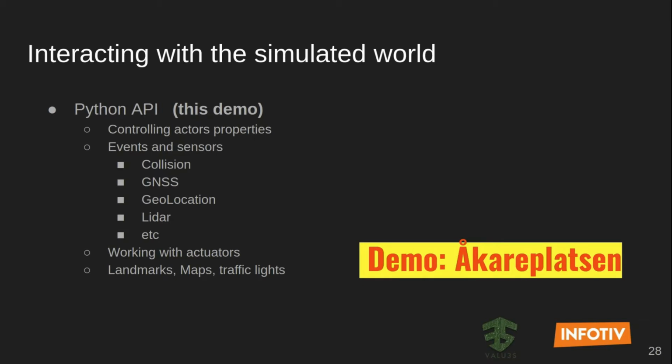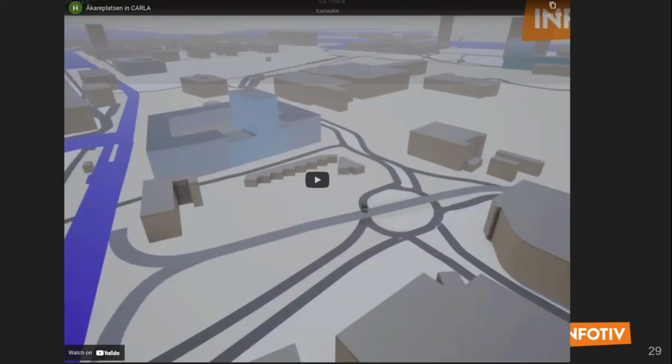You can read genesis information. You can see if there is a collision. You can get LIDAR and radar data. And I think you can even change or specify the landmarks and maps. But yeah, I haven't tried them yet.